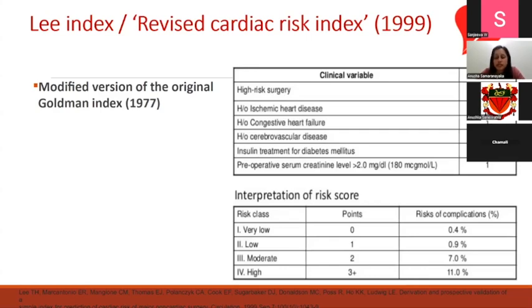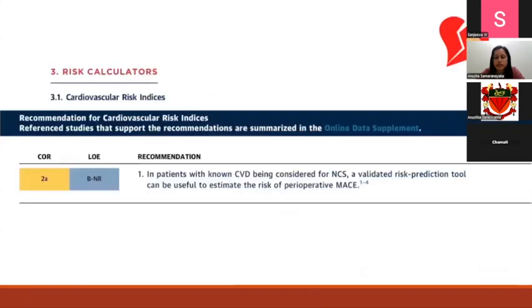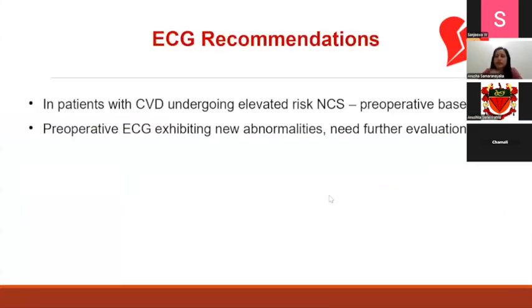I hope that you will apply this in future. And again, the European guidelines and the American guidelines highlight the importance of calculation of the risk, to estimate the perioperative risk of MACE. And then I'm going to discuss, now that you know the risk assessment and risk scores, what the recommendations are for different types of investigations.